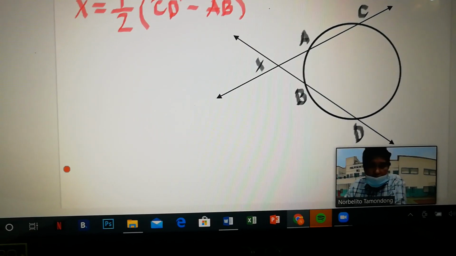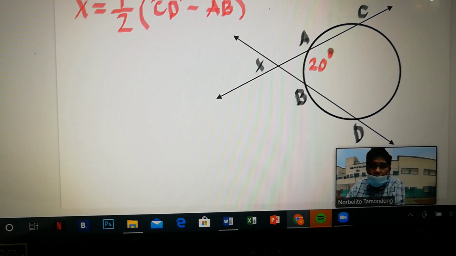Okay, let's say AB is equal to 20 degrees, while CD is 160 degrees. Then what is the measure of angle X? The intercepted arcs are 160 and 20 degrees.